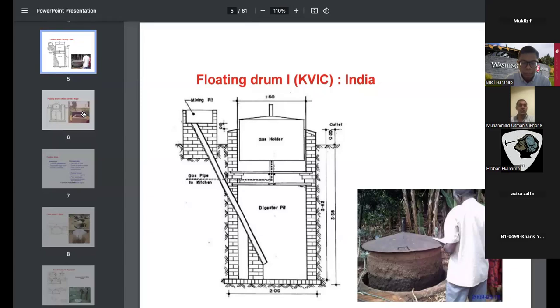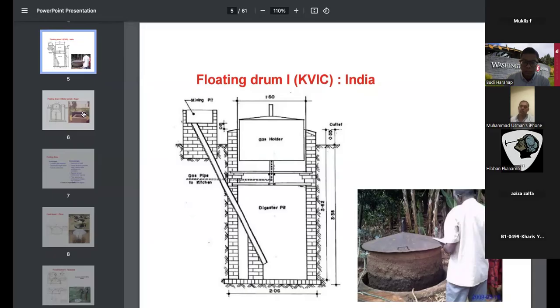An Indian organization named KVIC, the Khadi and Village Industries Commission, developed this biogas plant.